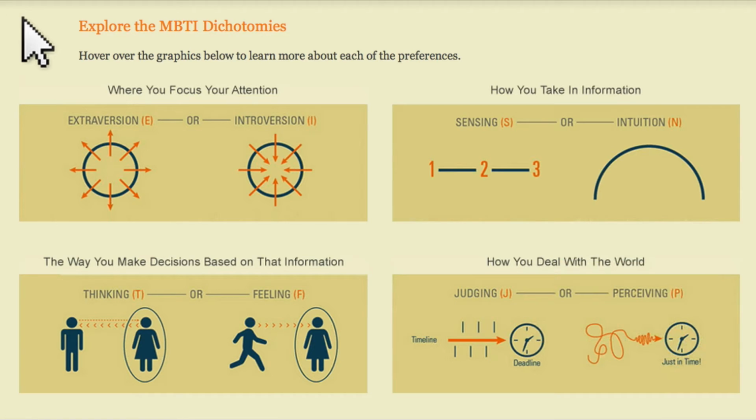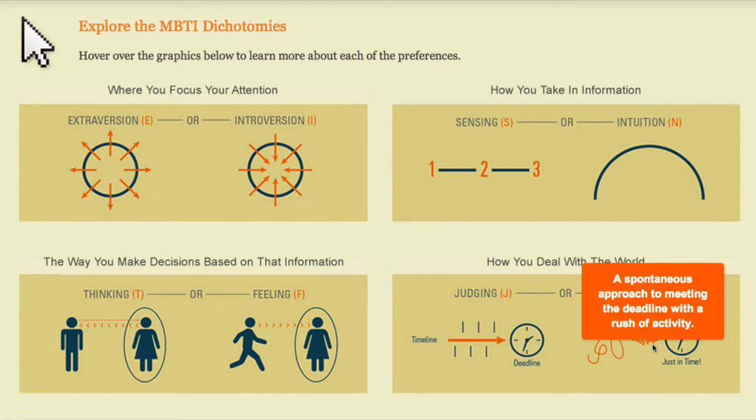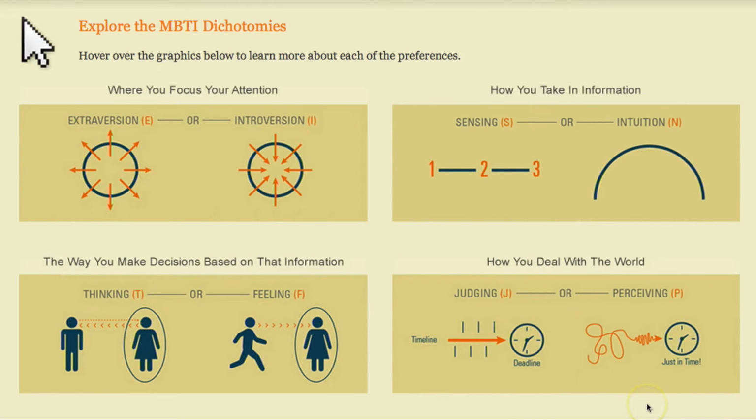These are people who have a tendency to be spontaneous, often reach the deadline in a rush of activity, and are often happiest leaving their options open. They don't want to rush closure, will let interesting developments interfere with deadlines, and change goals as new information becomes available. Okay, so those are the four dichotomies, and as I said before, these are the central defining viewpoint of personality type in your report.